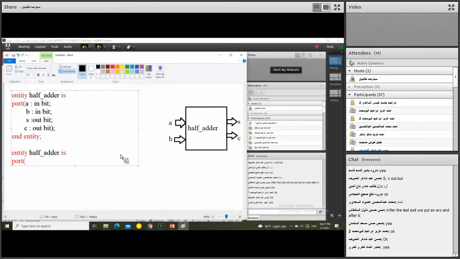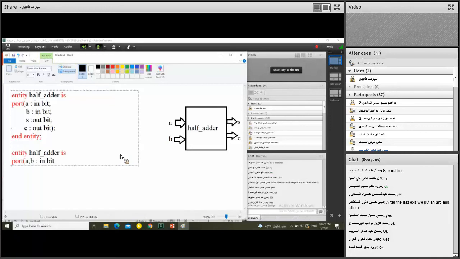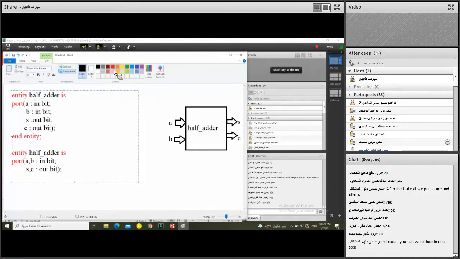A and B are both inputs and both of them are one bit numbers. Then you can write them in one line. And S and C are both outputs and both of them are one bit numbers. And at the end, as I told you, you can write end entity or end half adder. Both of them are correct.